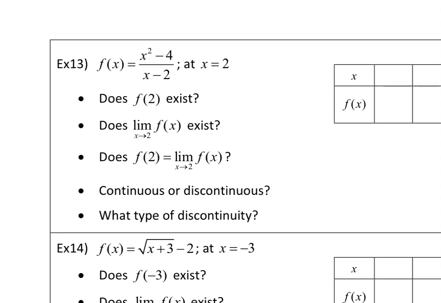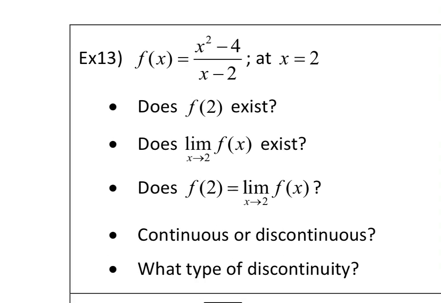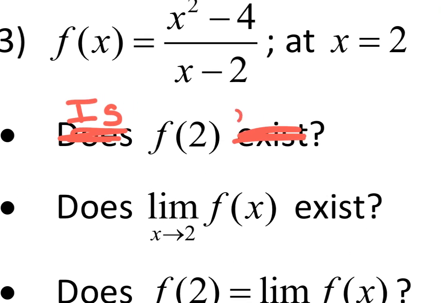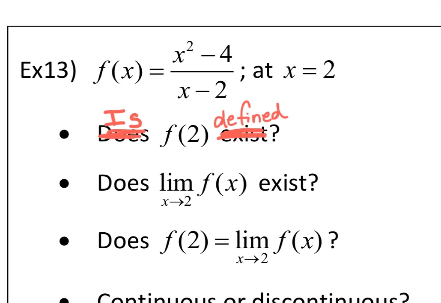So anyway, here we have, and again, you're going to need to correct Miss Applebacher's math mistakes here. Is f of 2 defined? Or you can say, is f of x defined at x equals 2? Either way, I wrote it wrong.